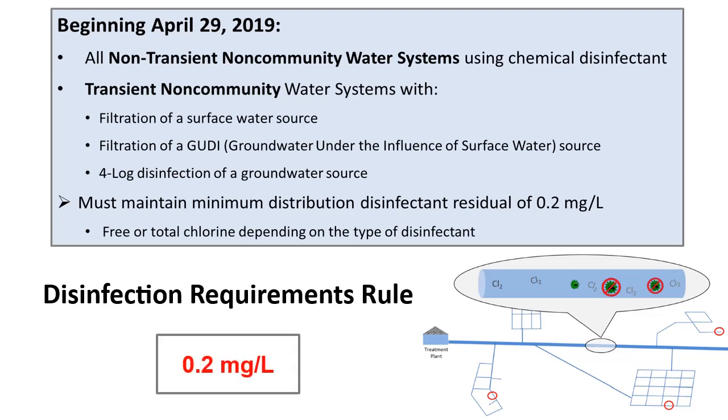The minimum disinfectant residual concentration required by the Disinfection Requirements Rule is 0.2 milligrams per liter, or another level approved by the Department for systems using an alternate oxidizing treatment. This minimum residual concentration ensures that water reaching the furthest points in the distribution system is disinfected adequately.